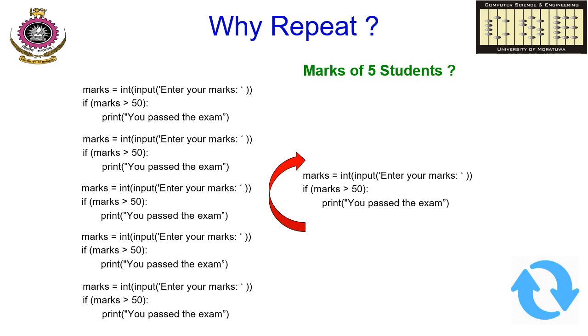That will enable us to reuse the code segment, not just 500 times, but as many times as we want, right? So that's the importance of having repetition, and that is the importance of having looping structures in a program.